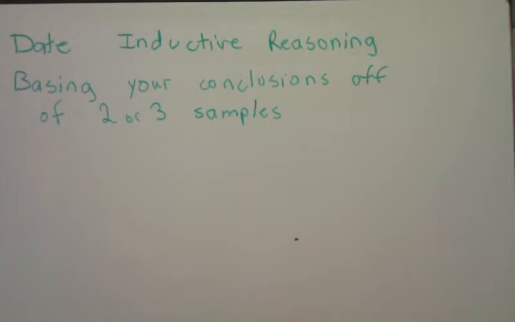Here's another one. A scientist mixes two chemicals and the mixture turns green. He does this mixture 25 more times, and each time the mixture turns green. He comes to the conclusion that when those two chemicals are mixed, they will always turn green. Okay, that's inductive reasoning. What he's not considering in this is what was the ratio of the mixture.